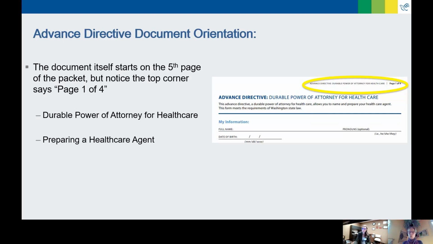And the pagination is really important, mostly for medical records or anyone reviewing the document to make sure that they know they have a full document. So we're going to start with page 1 of the document, and I'm going to hand it over to Melissa.